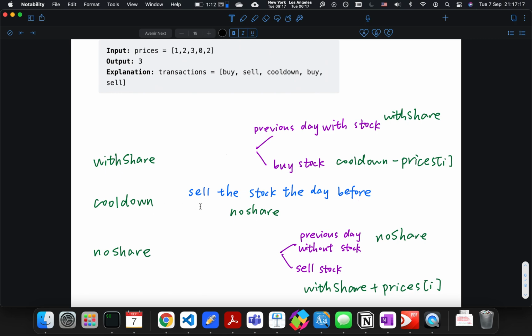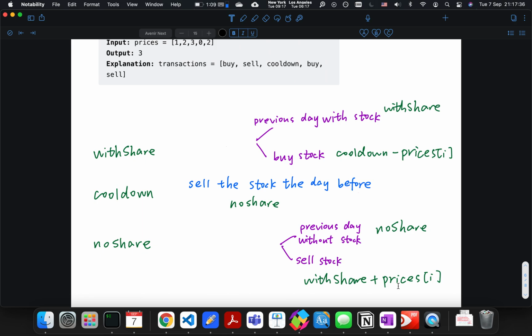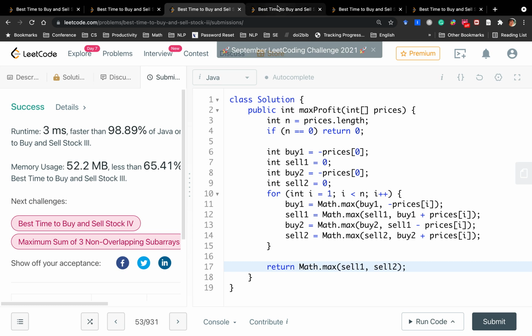Yesterday it also cooled down, or yesterday we sold a share, so there will be no share state. Another possibility is that we currently have no share, then 2 possibilities for yesterday. Yesterday we don't have share either, so no share. Or yesterday we have share and today we sell it. So that's the transition here.